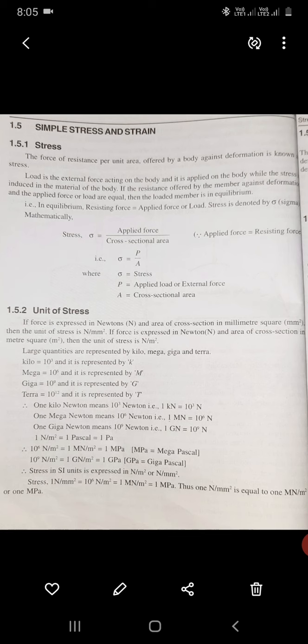It is given by sigma. The symbol for stress is sigma. Once again, very important: stress is force applied per unit cross-sectional area, the cut-off cross-sectional area.